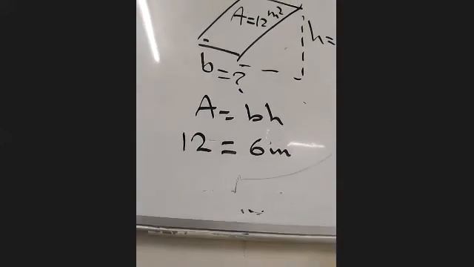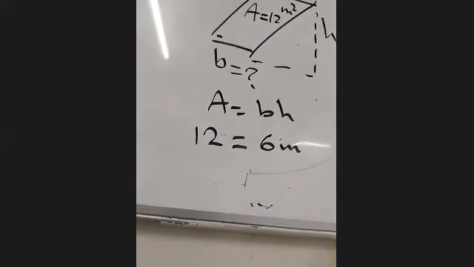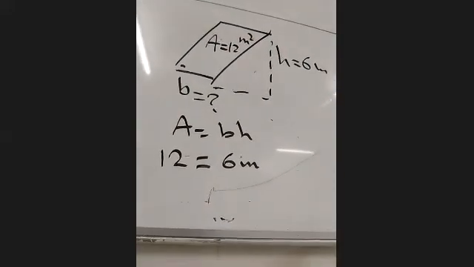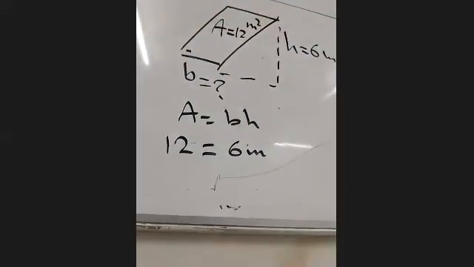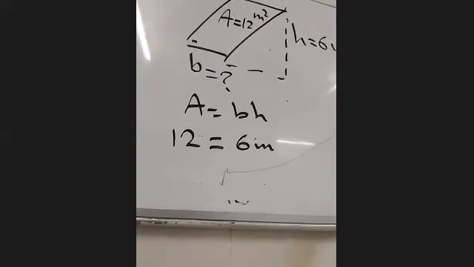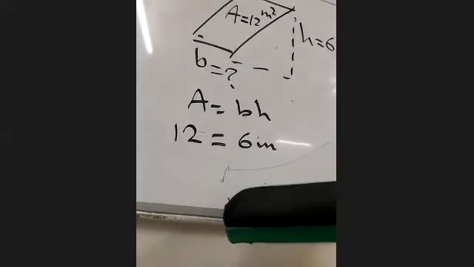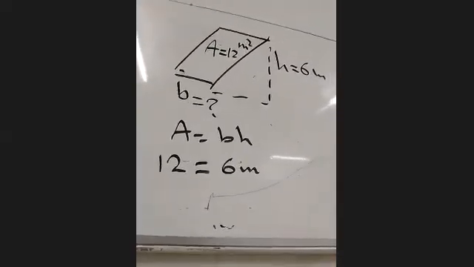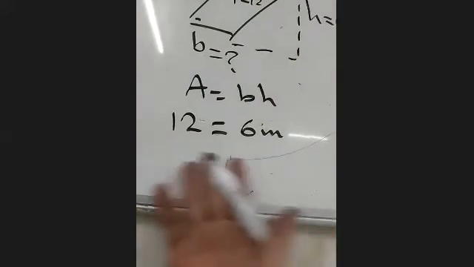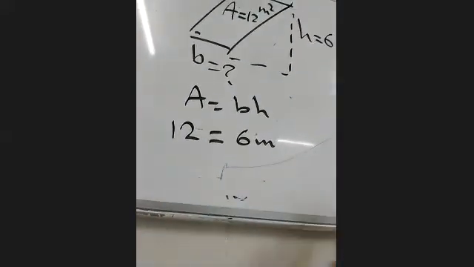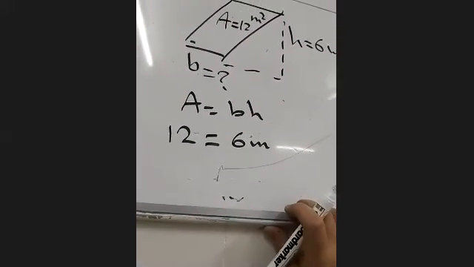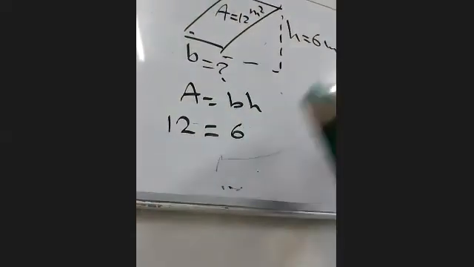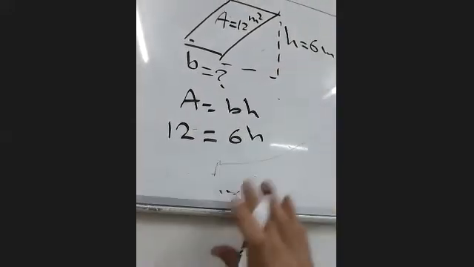A is 12, correct? A equal 12, it's given. Okay, and you said 12 equal 6 meters, right? But what does this mean, 12 equals 6? Does 12 equals 6 make logic? How come? 6H.